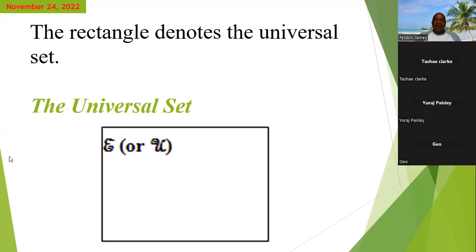So just an empty universe would be just a rectangle when we are using the Venn diagram. So the rectangle is the general shape that tells you the universal set.